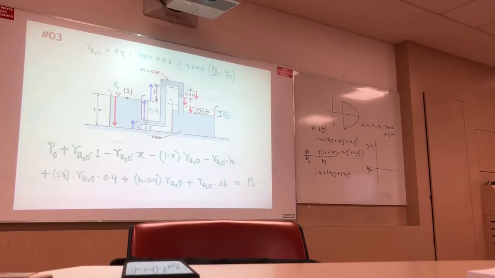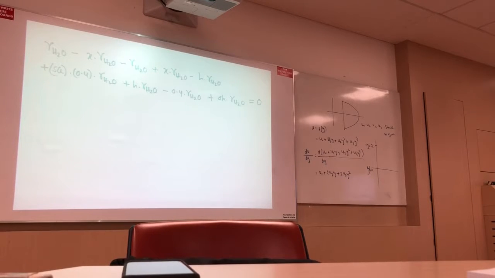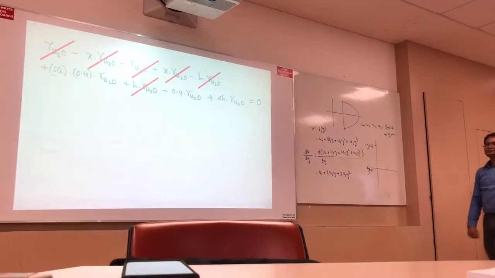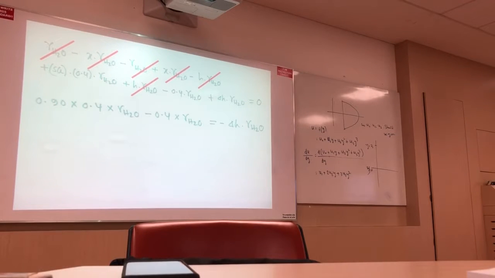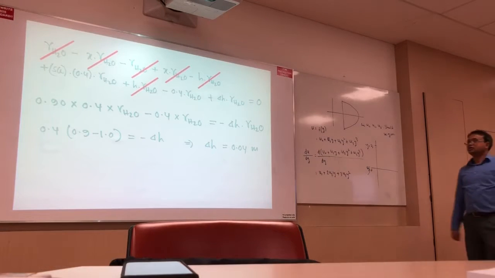Then, after that, what do I do? I just cancel each other, because some are double counting. And finally, I substitute the value, and I can get delta H is 0.04. This is the answer.